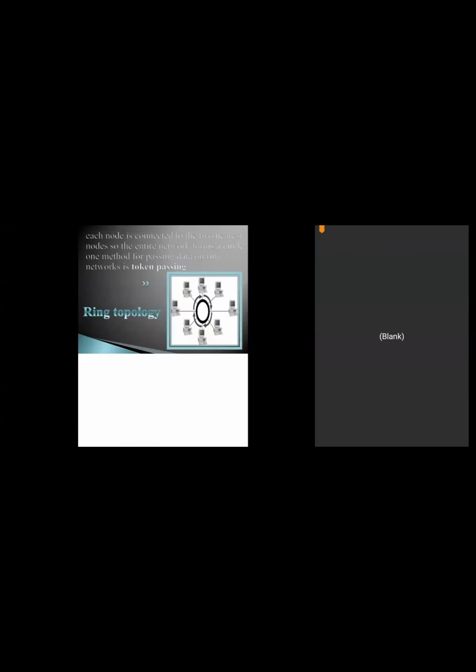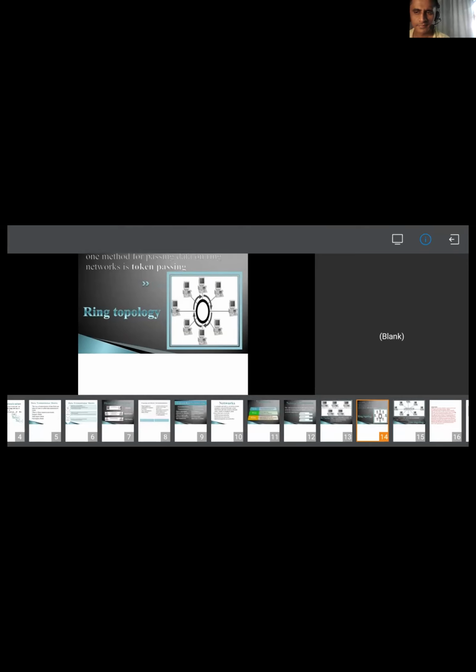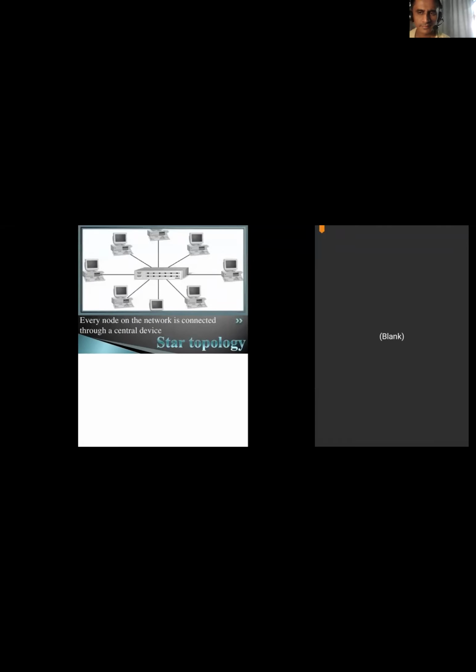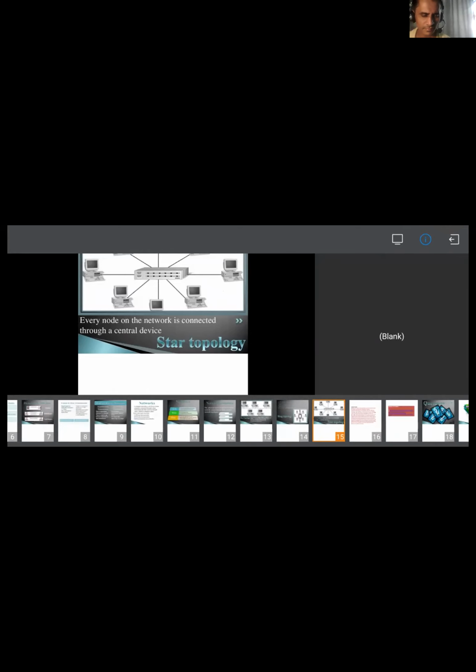Ring topology: each node is connected to its two nearest nodes so that the entire network forms a circle. One method for passing data on a ring network is token passing. Star topology: every node of the network is connected through a central device.